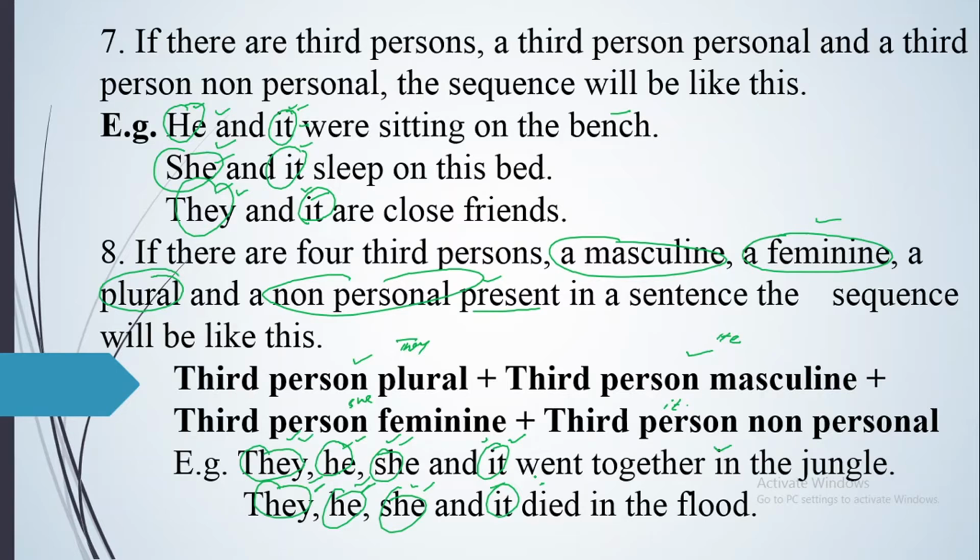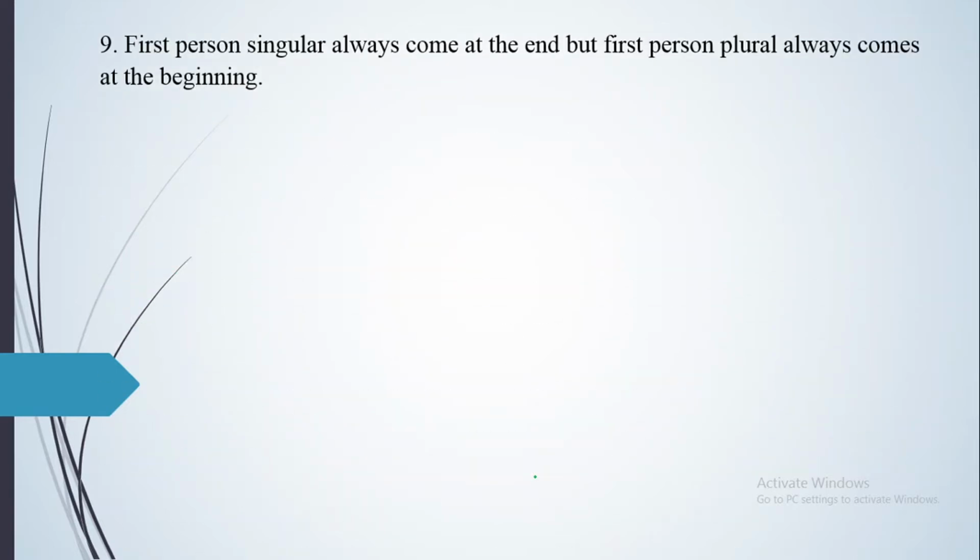Let's discuss rule number 9. First person singular always comes at the end, but first person plural always comes at the beginning. As we discussed in the previous rule, first you bring second person, then third person, then first person, but that is first person singular.